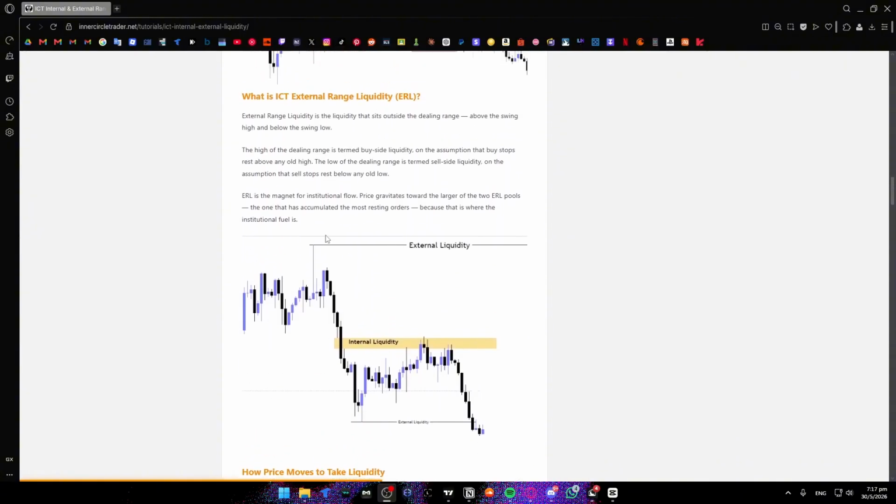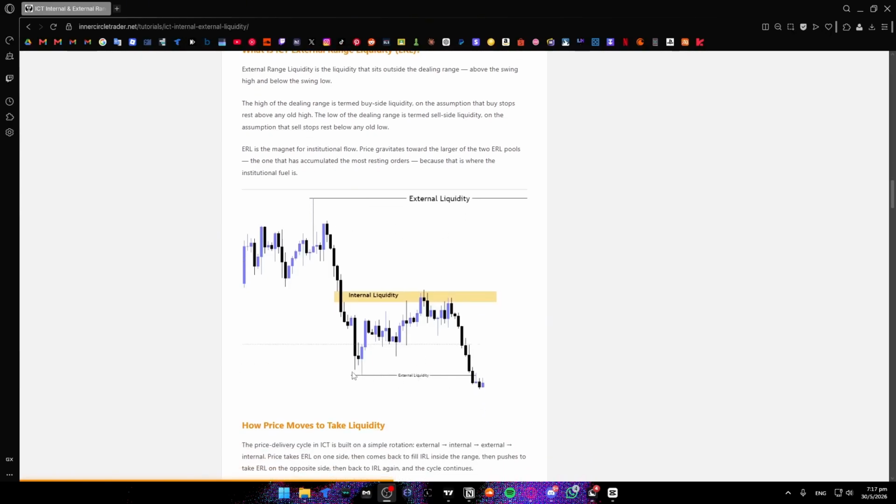And so external range liquidity, this is basically what it is again, like I just said. It's just a high right here, and external liquidity is here. It goes to it, then it can reverse or it can keep pushing. That's why you call it a breakout if it keeps pushing. But if not, they force us to sell if we're going long, and they take our sell orders and just buy them, and then they push price back up. Same thing over here. If they were to go up, they take our buy orders, buy stops, because we're going short, remember?